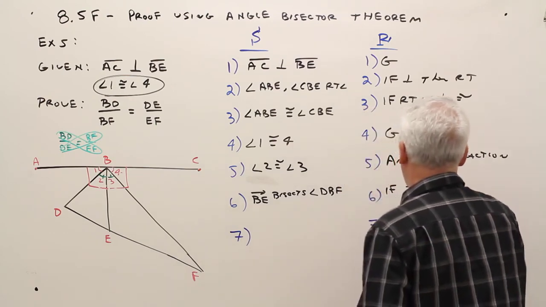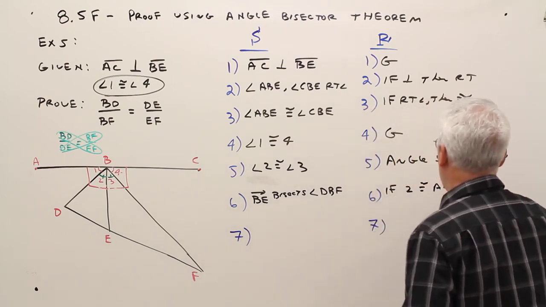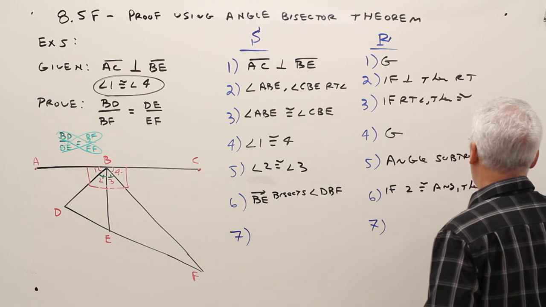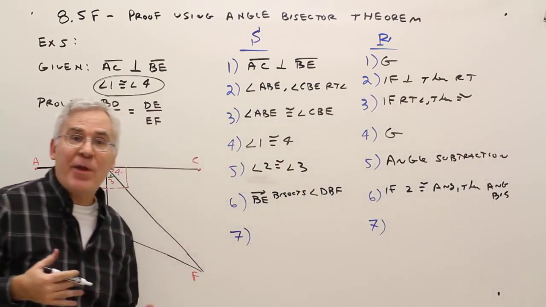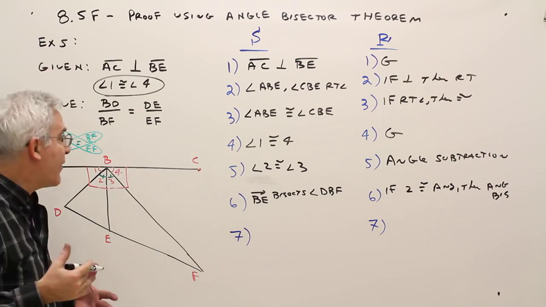If two congruent angles, then angle bisector. That's going to allow me to use the angle bisector theorem.